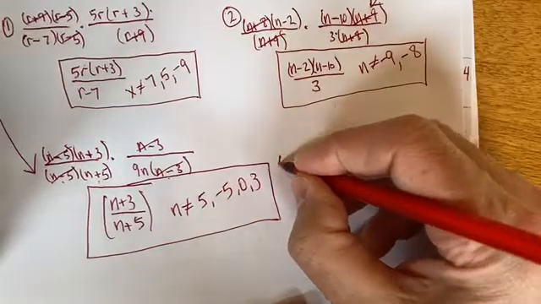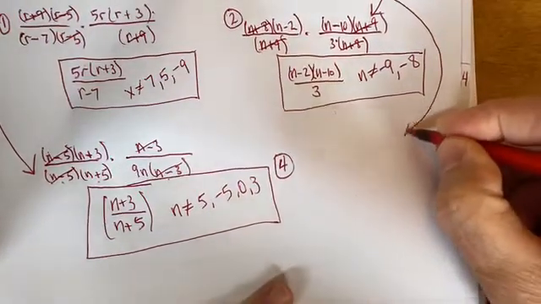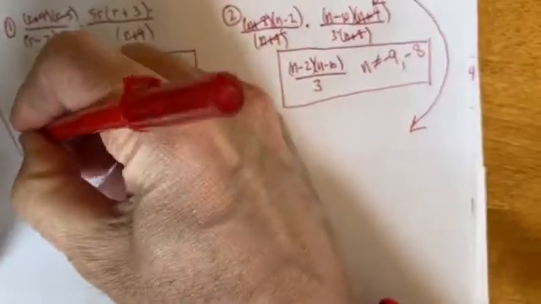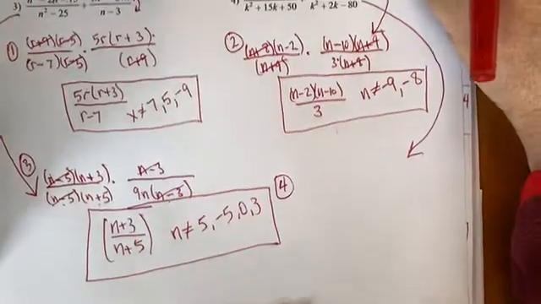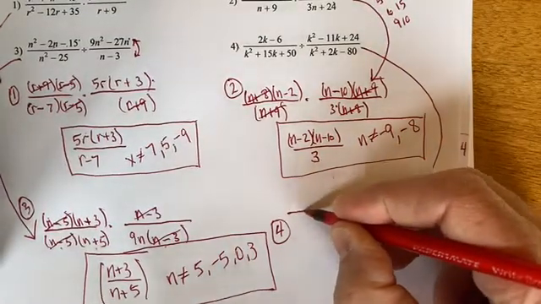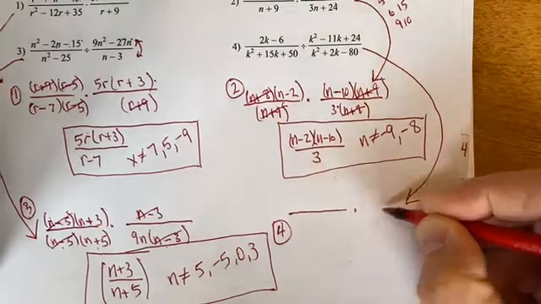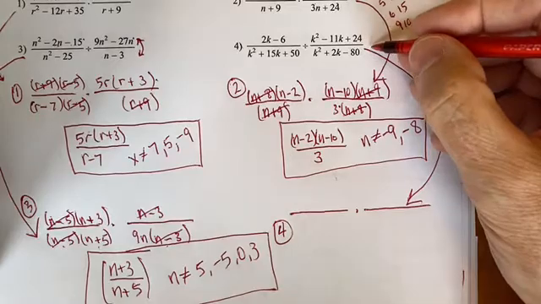The fourth one, we're going to do that right here. So we're dividing again, so we have to change it to multiplication by flipping the second one.